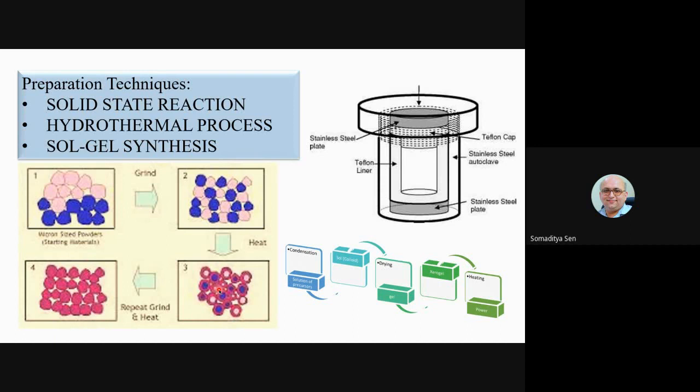Why am I saying this? Because when you start looking into the functionality of the material, if there is an impurity phase, you are not sure whether that functionality is from the dopant forming an oxide or some compound, or it is an intrinsic property of the material. So this is very important.